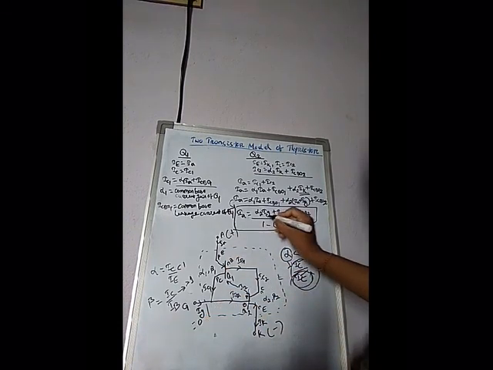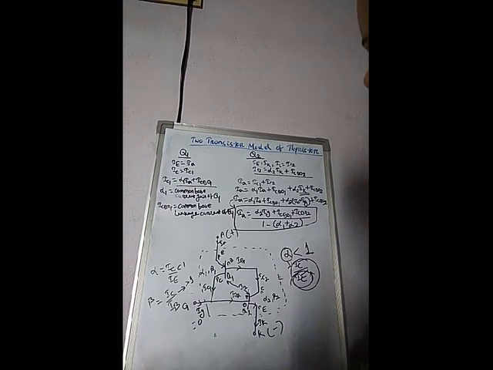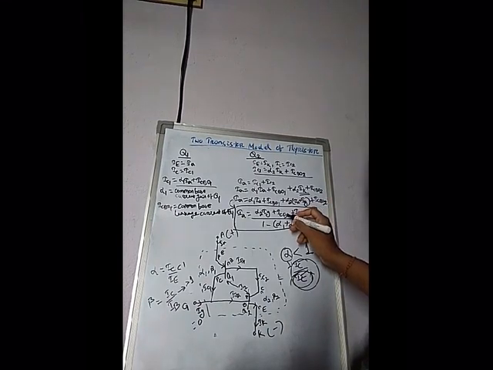In this condition, IG is 0, that's why IA is equal to ICBO1 plus ICBO2 divided by 1 minus alpha 1 plus alpha 2. Here this alpha 1 plus alpha 2 is very low, and the forward leakage current is somewhat more than ICBO1 plus ICBO2.